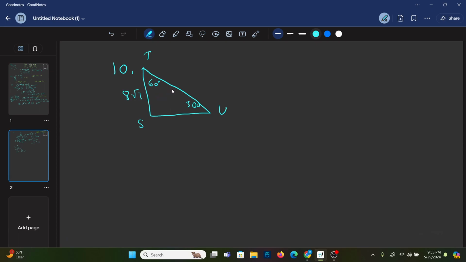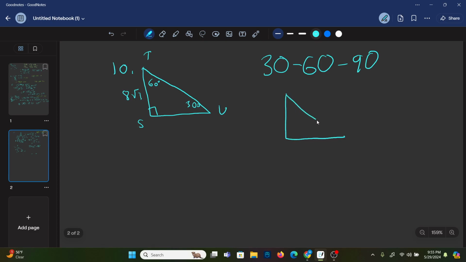Now, notice that this is a 30, 60, 90 triangle. And a 30, 60, 90 triangle is a special right triangle.